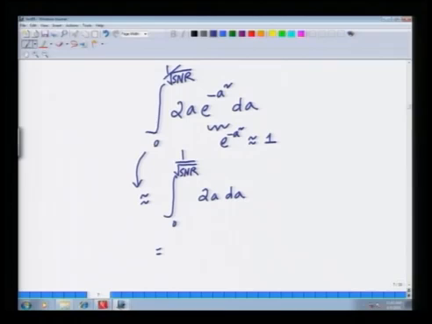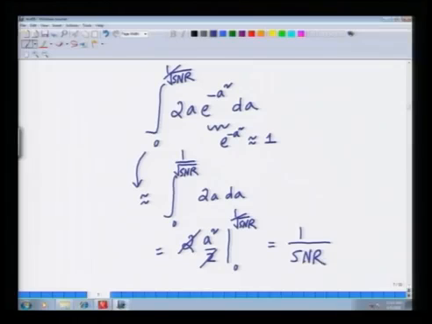Hence, this integral is nothing but 2 times the integral of a dA, which is a square over 2, between 0 and 1 over square root of SNR. Now, the 2 cancels with the 2. So, this is nothing but a square between the limits 0 to 1 over square root of SNR, and this is nothing but 1 over SNR.